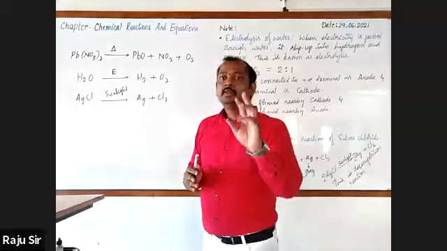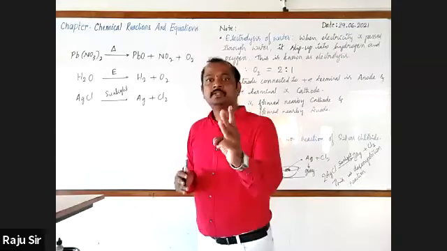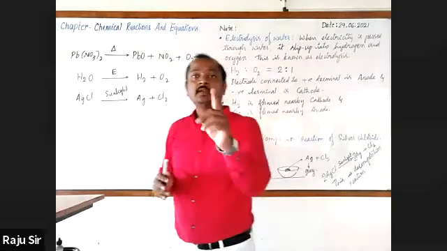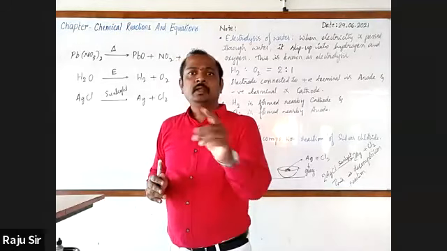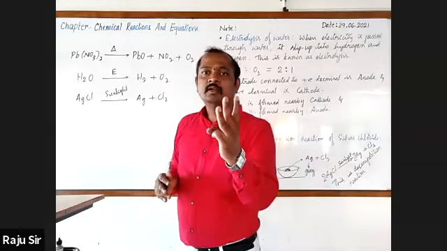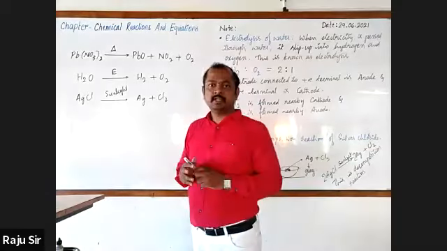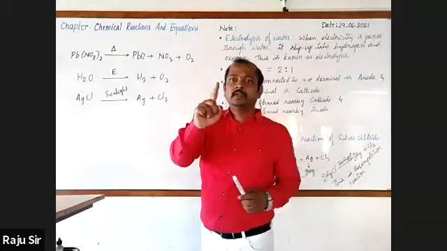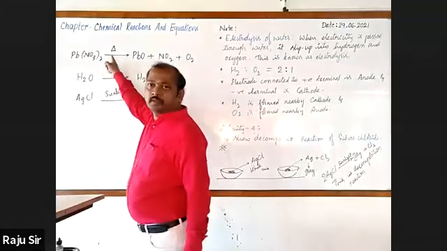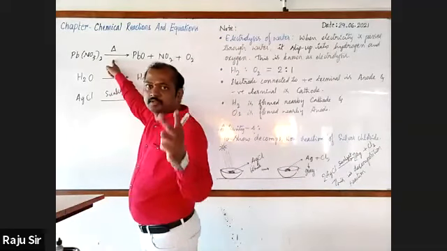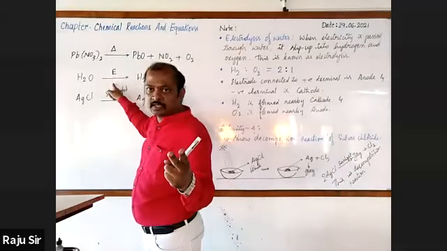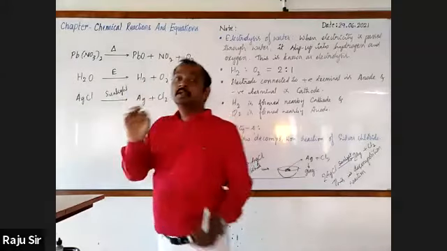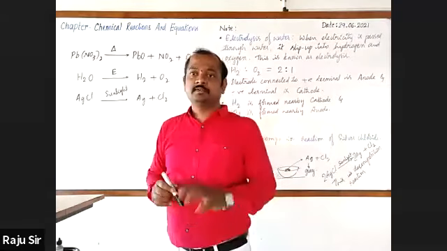These are the 3 ways in which decomposition reaction takes place. What are those? The first one is by supplying heat. Second one is by passing electricity. Third one is in the presence of sunlight.